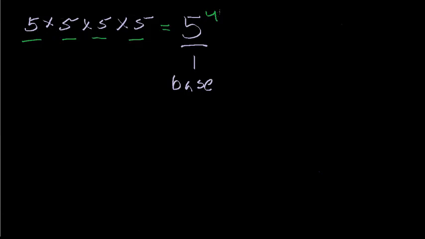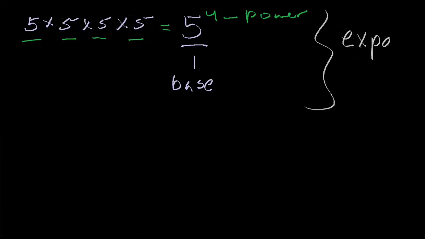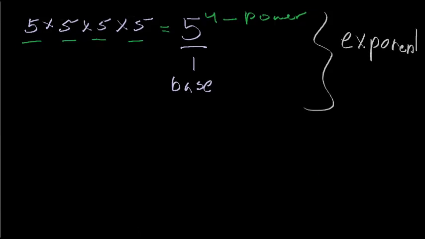And this other number is the power. So this would be the power, and that's how many times the base is being multiplied by itself. So this whole thing is called the exponent.